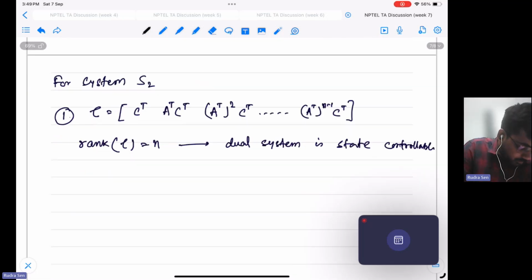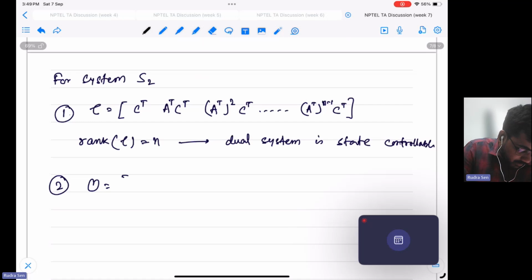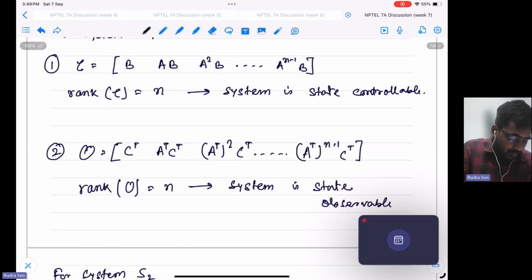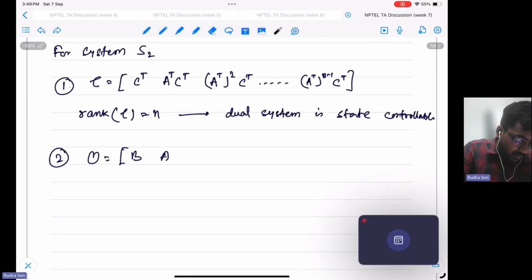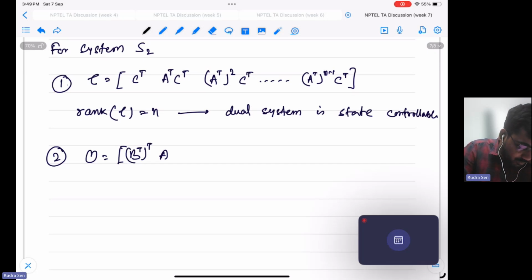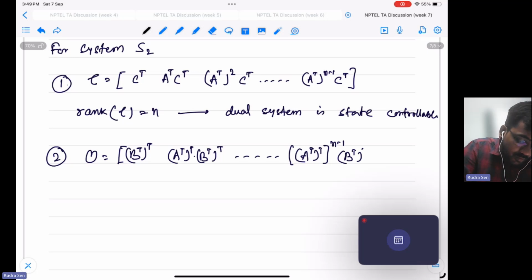And here, for the case of system 2, this is the dual system, state controllable, and the observability is B transpose of transpose, because in case of the dual system, this is B transpose, right? So we have to take the transpose of the transpose. That means it should be B. So, B transpose transpose, then A transpose transpose times B transpose transpose, and continuing this way, A transpose transpose to the power n minus 1, B transpose transpose.